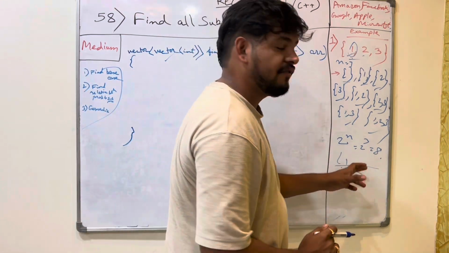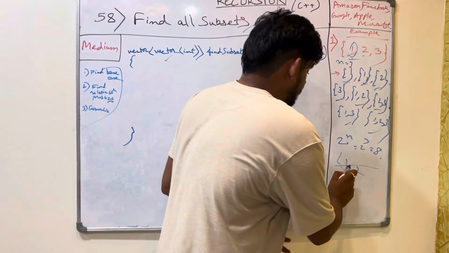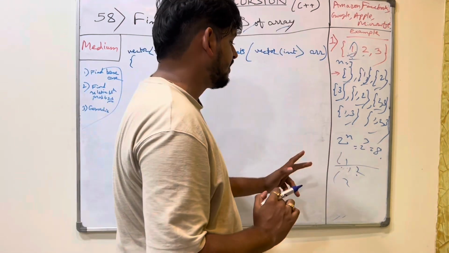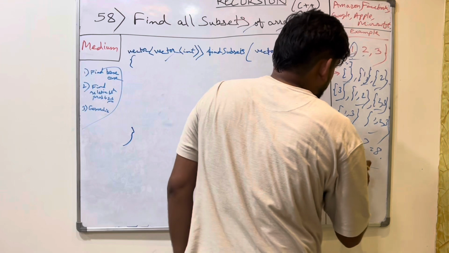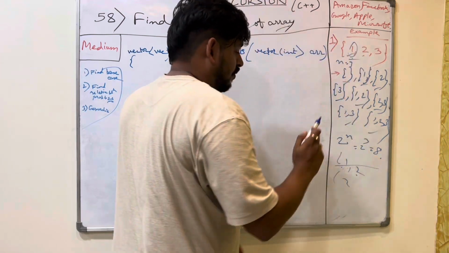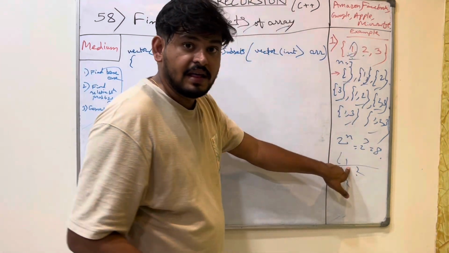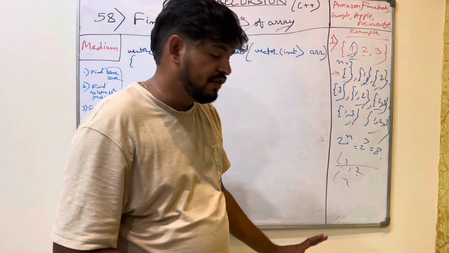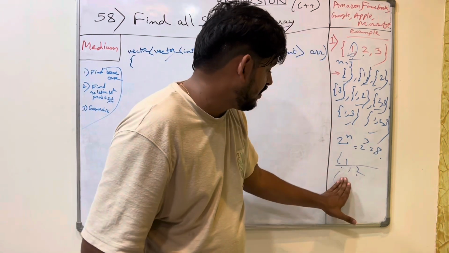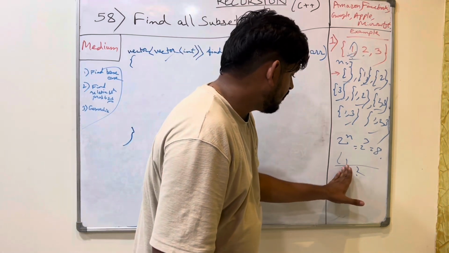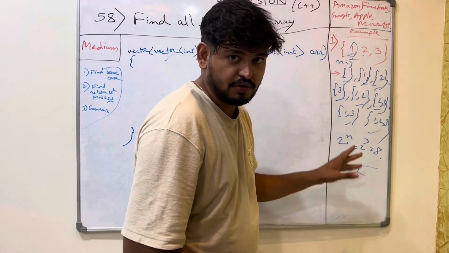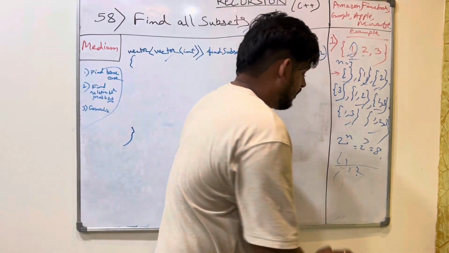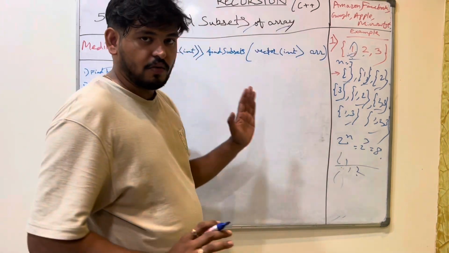There we can use the concept of backtracking. Without backtracking also we can do this, but we'll do it using backtracking. Once we have taken this one, we will call our recursion, and after getting it into the recursion, we will pop this one from the vector. You'll understand once I code this.